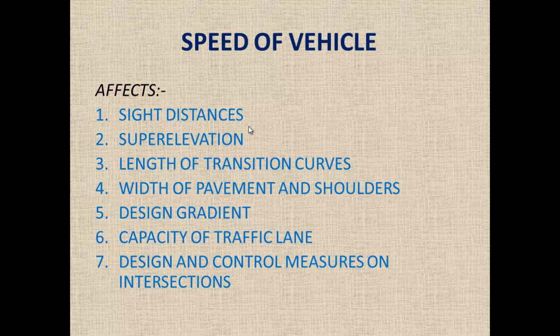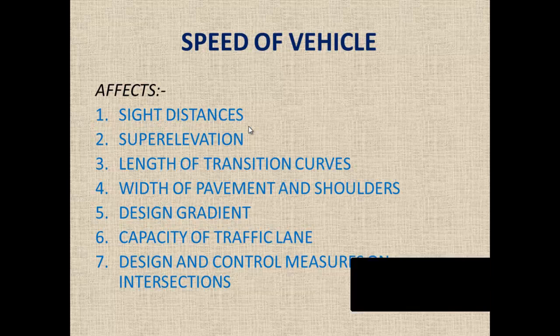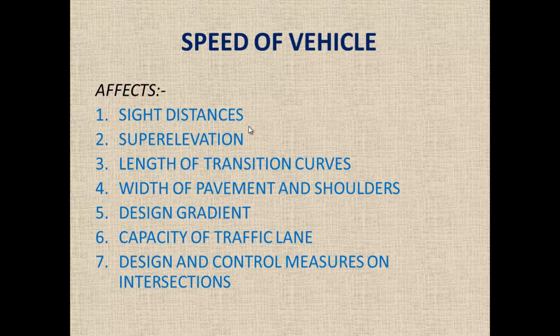The super elevation, the cant or the banking, as you might have read it, of the roads. The super elevation of the road affects the length of the transition curve and the limiting radius on the horizontal curves also. Hence the speed of the vehicle affects those parameters as well. Now the speed of the vehicle also affects the length of the transition curves.